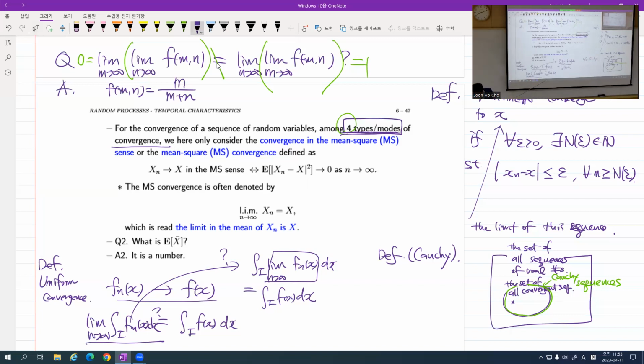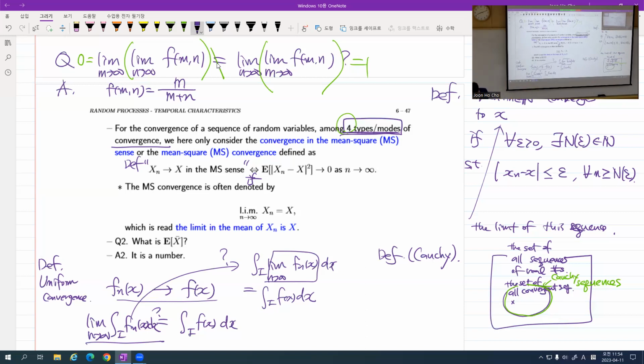This is the definition. We say this if we just move this to the left side. Then we have x sub n minus x converging to 0 in the mean square sense. See that? The mean square of the difference, right?